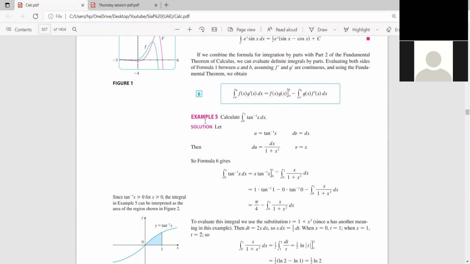So let's solve this question first, which is the integral of tan inverse x dx, and we have to evaluate the function from the lower limit to the upper limit, that is from 0 to 1. So let's solve this first.